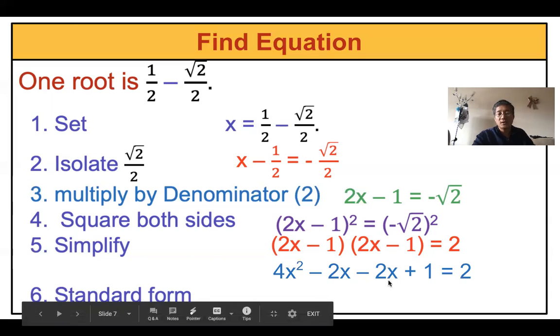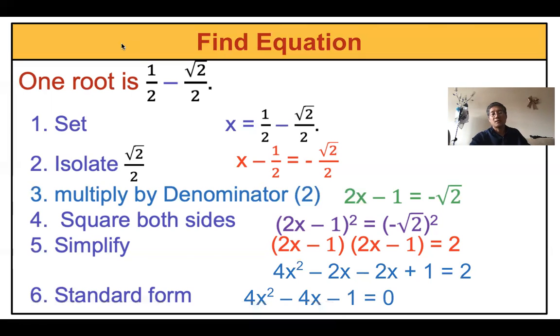So 4x squared minus 4x, 1 minus 2 is negative 1, so minus 1 equals 0. Everybody understand? It's very similar to the other lesson, when we had the imaginary zeros. Today we deal with irrational zeros. All right.